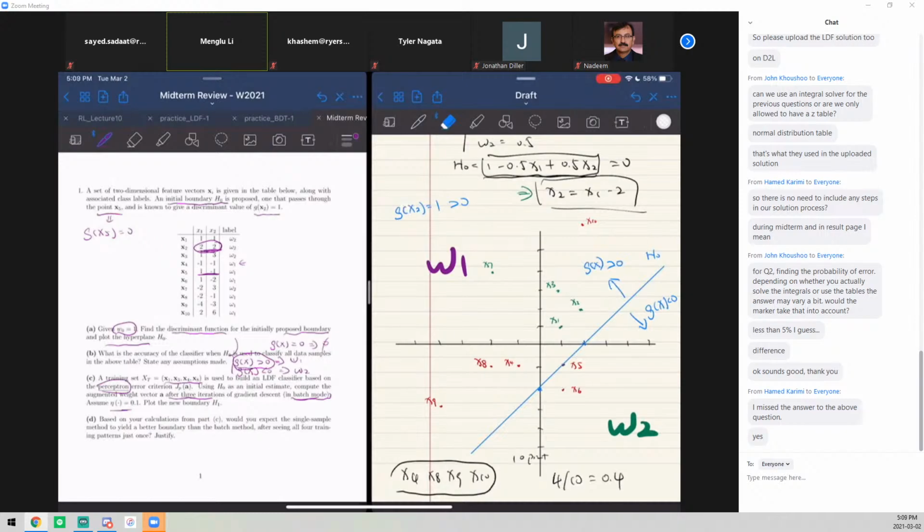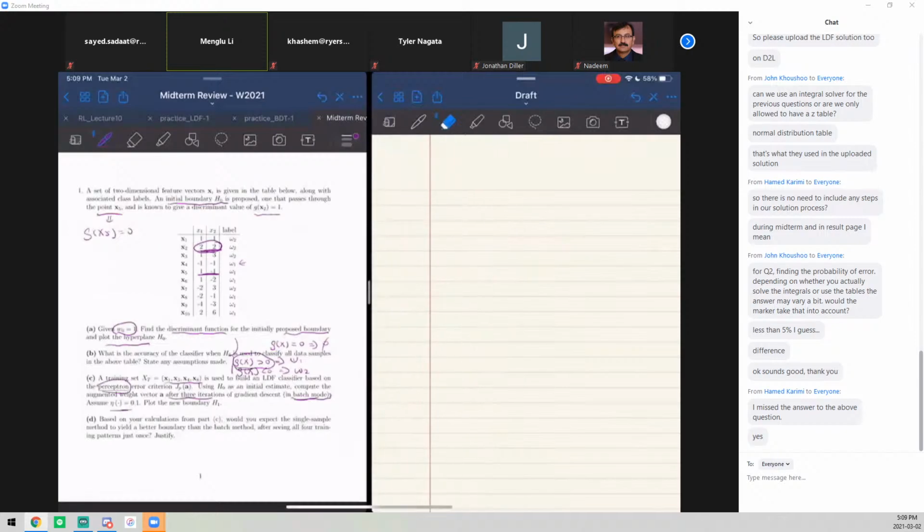Okay, we just run the perceptron first. The first step, we need to perform the augmentation and the normalization to the data points. The selected data points are x1, x3, x4, x8.